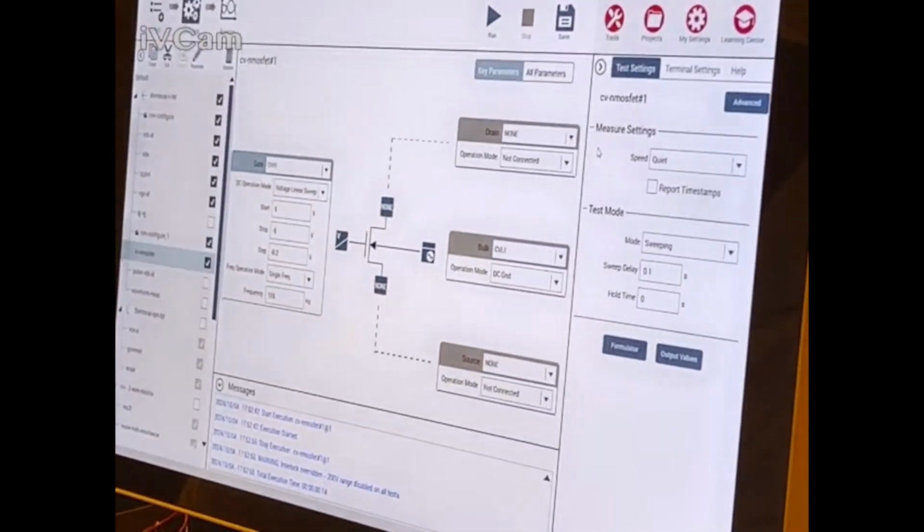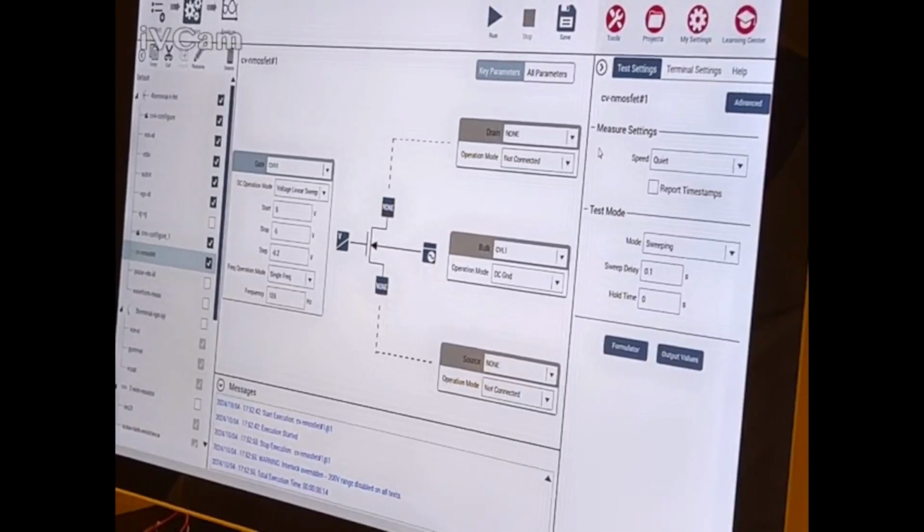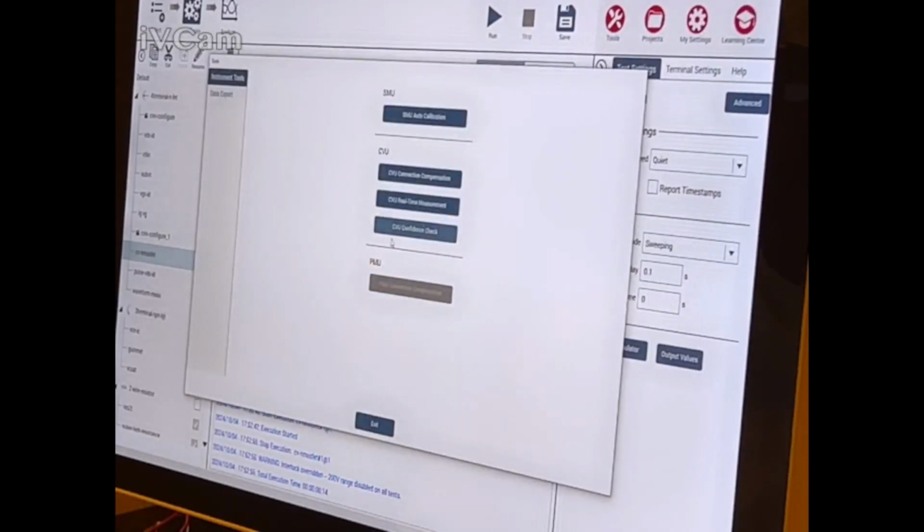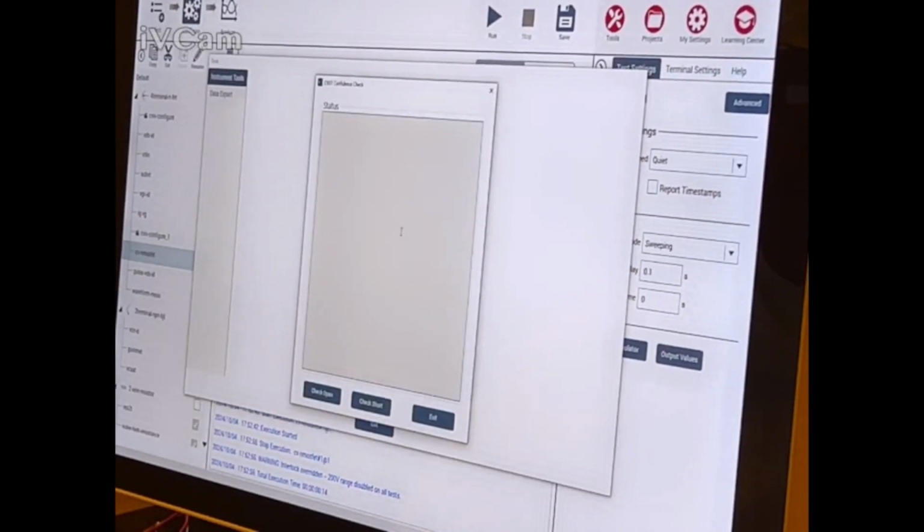Doesn't that work? When it is giving with both transistor, right? Mm-hmm. You are sweeping from -5 to 5, right? -5 to 5.